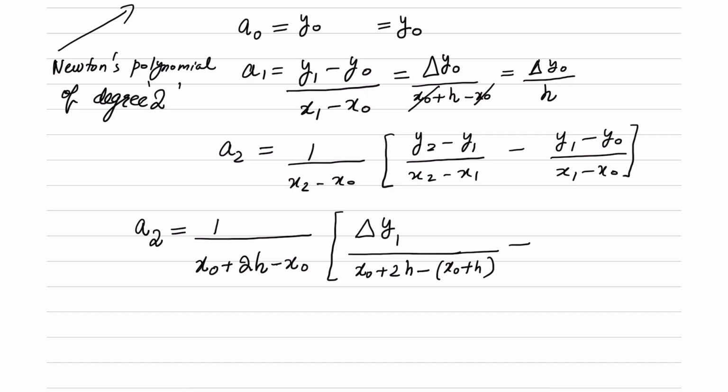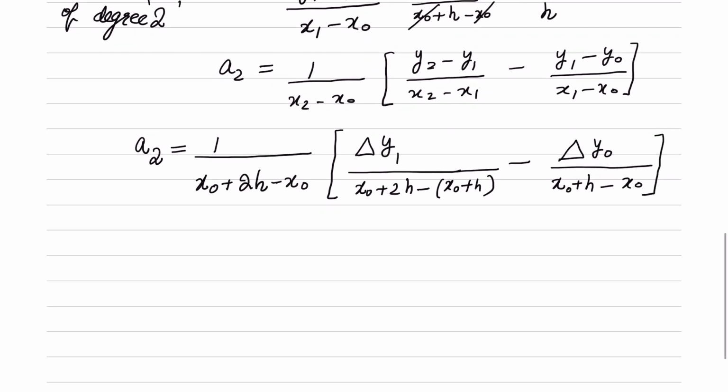And y1 minus y0 in forward difference operator form is forward operator y0, because when you open forward operator y0, it gives you y1 minus y0 divided by x1, and since your data is equally spaced, x1 is x0 plus h minus x0.